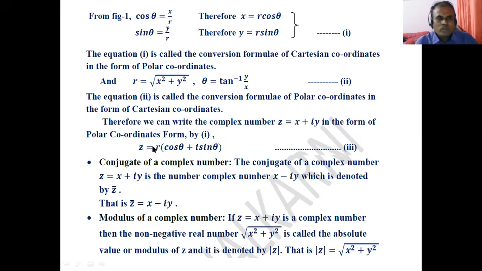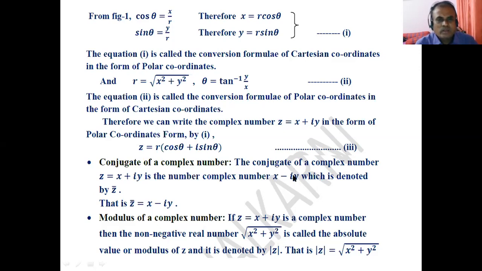Okay. Now, the conjugate of a complex number. The conjugate of a complex number z equal to x plus iy is the complex number x minus iy, which is denoted by z bar. It means only the sign changes. So z equal to x plus iy, and its conjugate value is x minus iy.